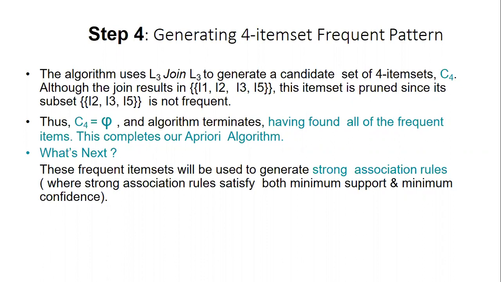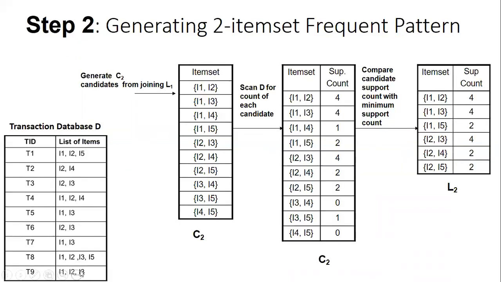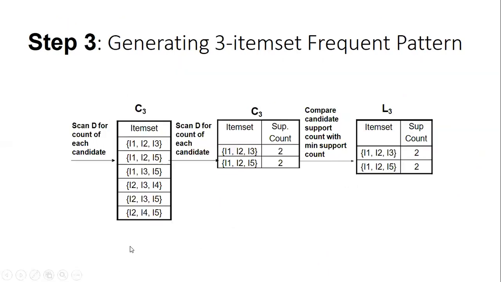When we take the original database, there is only one transaction which has this combination I1, I2, I3, I5. The support count is 1, which is less than minimum support, so it is infrequent. So we didn't get the candidate C4. C4 is null, so we stop here.